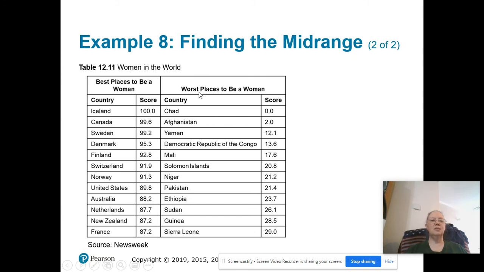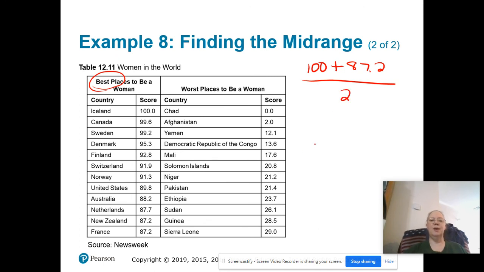Worst places and best places. All right, so we're going to take the highest, which is 100, and we're going to take the lowest. We're talking about, again, the best places. We're ignoring the worst places for this question. And the lowest is France. It's not the worst place, it's the lowest of the best places.